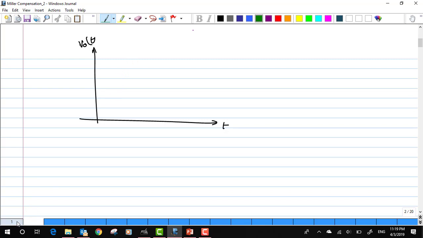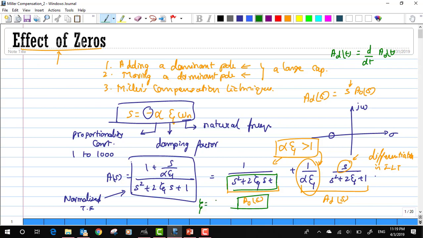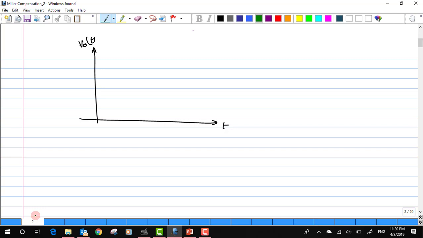Before that, I am going to assume that the value of zeta is equal to 0.5. We can assume that the poles are complex conjugate, and when the poles are complex conjugate, the system response in general will have both an oscillatory and an exponentially decaying factor. So assume that this is my 0, and when there is a step input, the output of a second order LTI system grows exponentially and then settles down to the final value after some time.